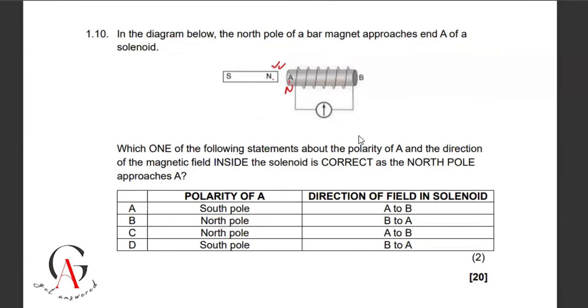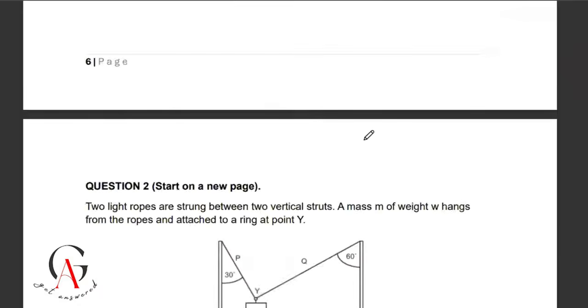Okay, and then if we're focusing on the north, which means we're looking at B and C, then what will be the direction of the field? Okay, the direction of the field is going to be B to A. Okay, it's going to be B to A, which is option B. Okay, so that is the MCQ.